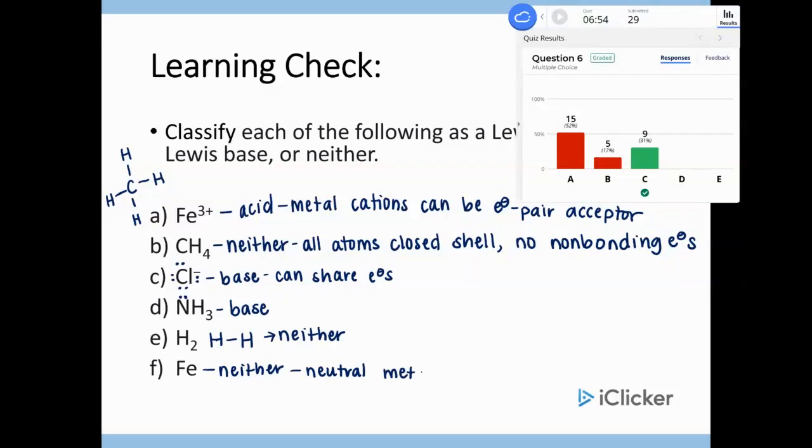So neutral metal atoms don't donate or accept electron pairs to form covalent bonds.